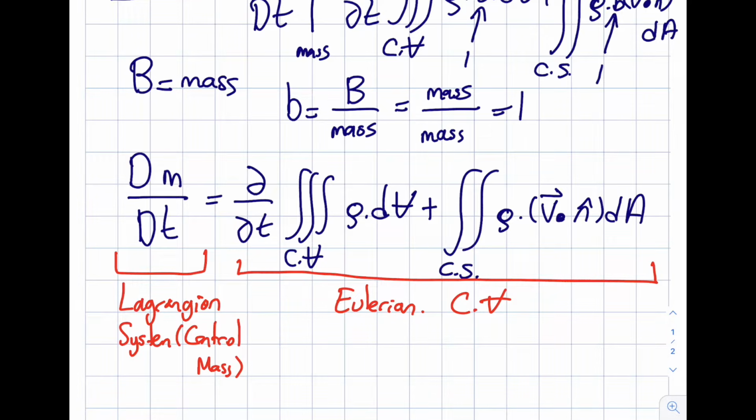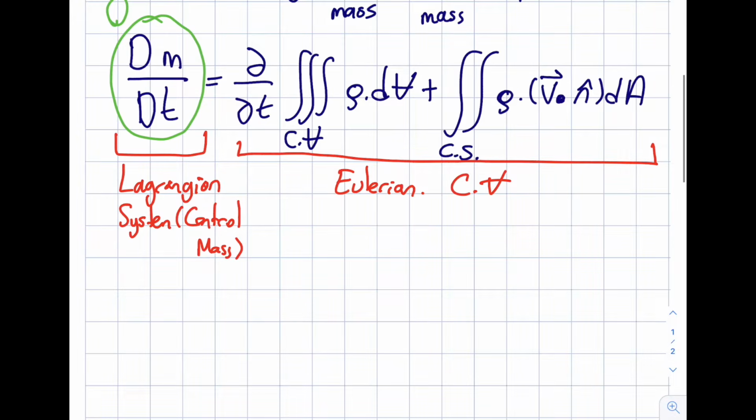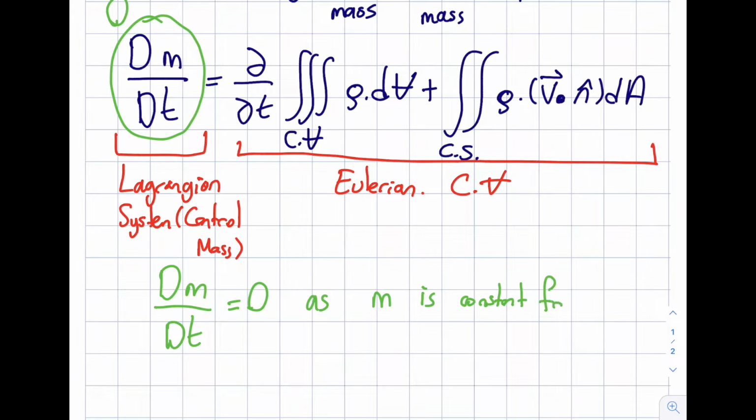My mass is constant, so this term will be 0. So let's write it: dm/dt is 0 as m is constant for the system or control mass.